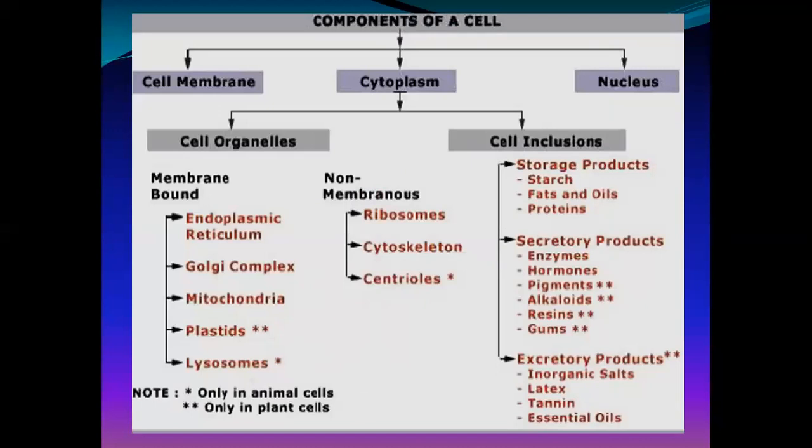We have something we call cell organelles, something we call non-membrane, and something we call cell inclusions. The secretory products, right? Enzyme vesicles, hormones that come in vesicles. These we call cell inclusions, isn't it? If a protein is synthesized and packaged in a vesicle, that is not an organelle actually.